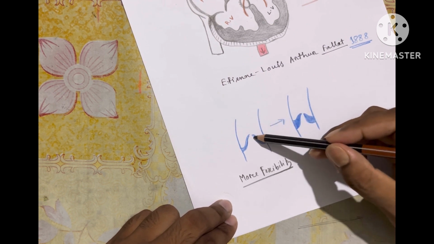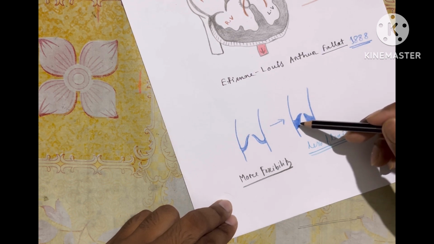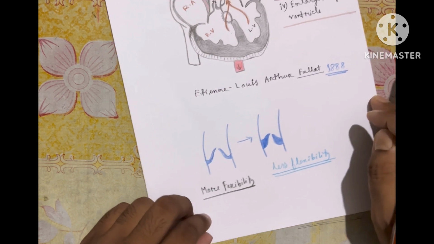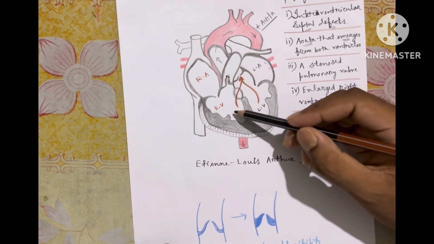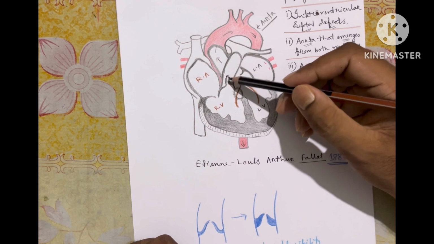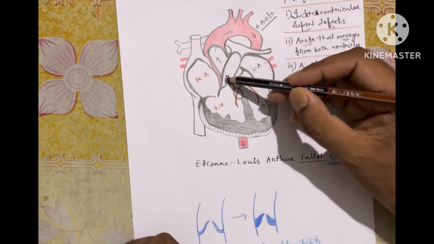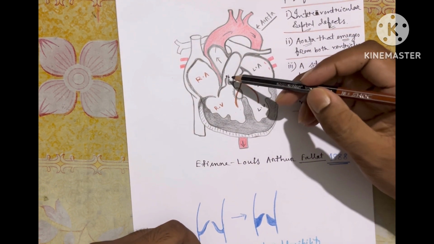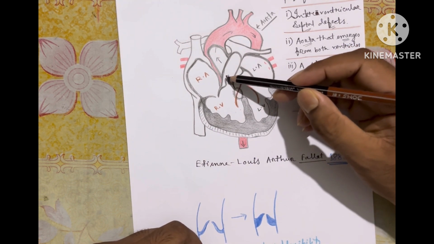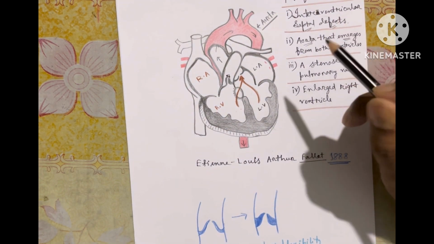But here, as the valve becomes thicker, they lose their flexibility. As they lose their flexibility, when the right ventricle contracts, these valves are not going to open easily, because they almost lost their flexibility. They become so thick that they cannot open. They will not move even when the right ventricle contracts in an optimum way.